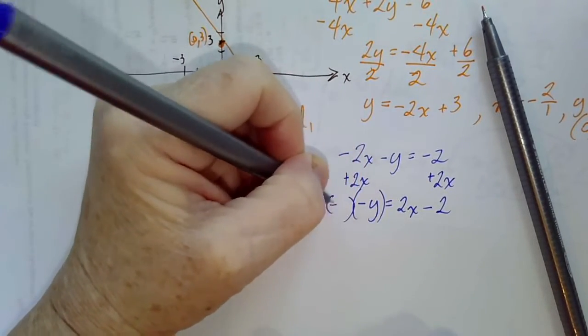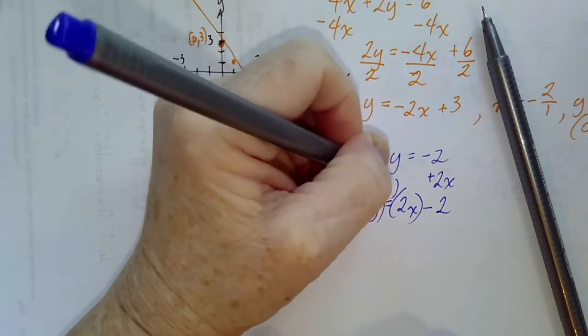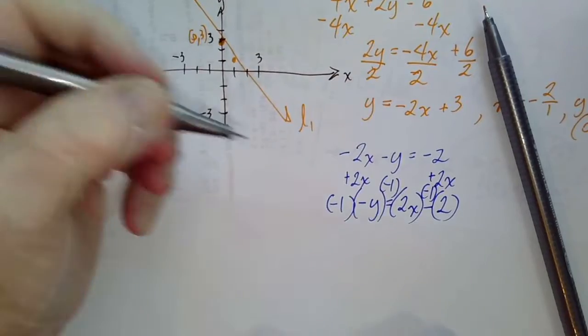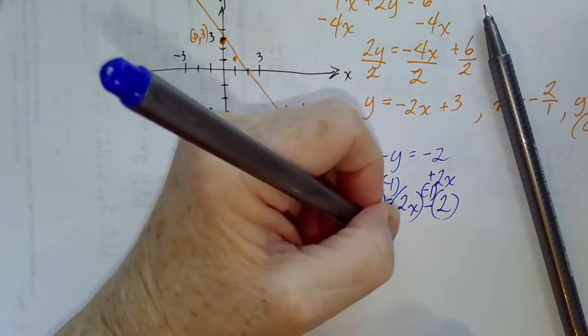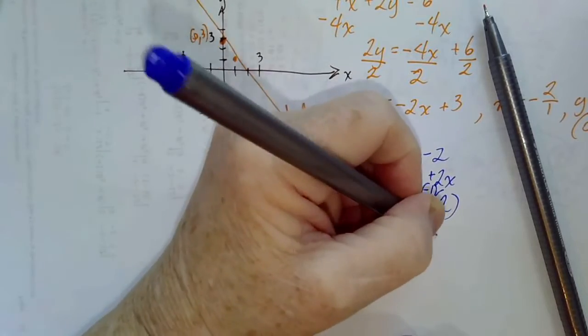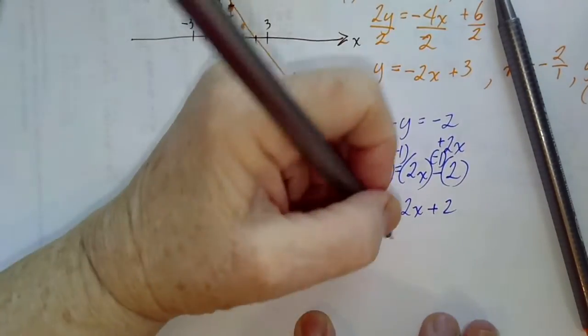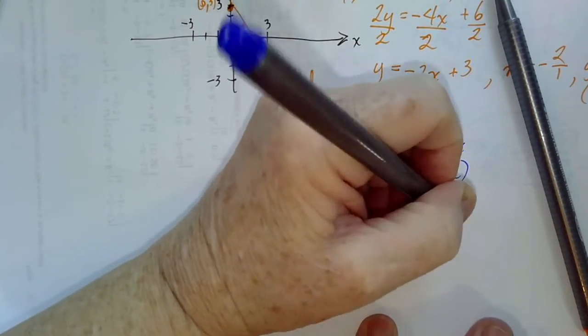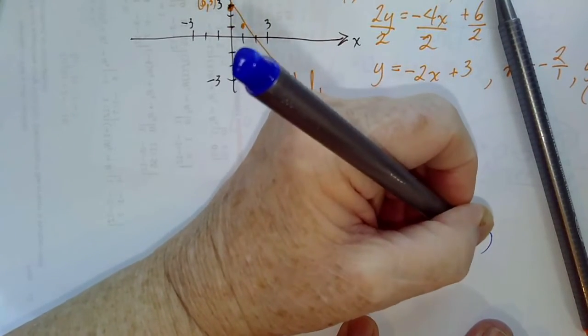Multiplying is easier. So now we get y equals negative 2x plus 2. That means that the slope here is negative 2 over 1, and the y-intercept is 0, 2.